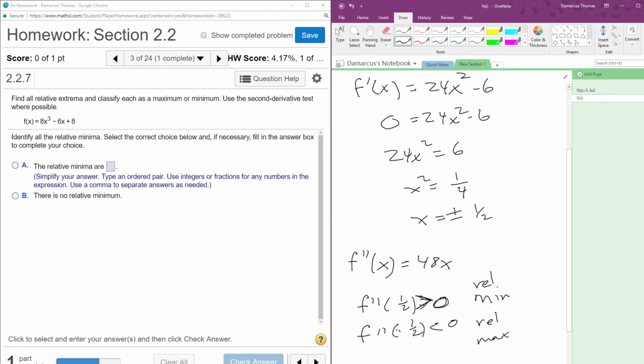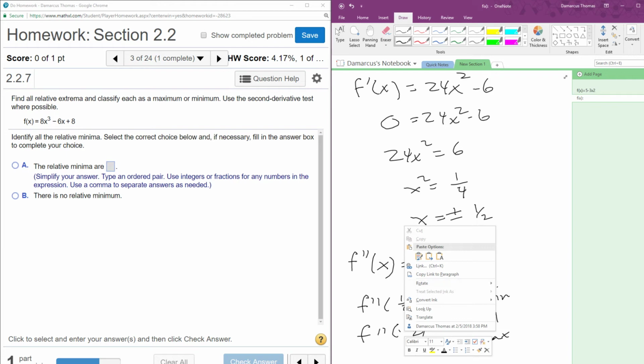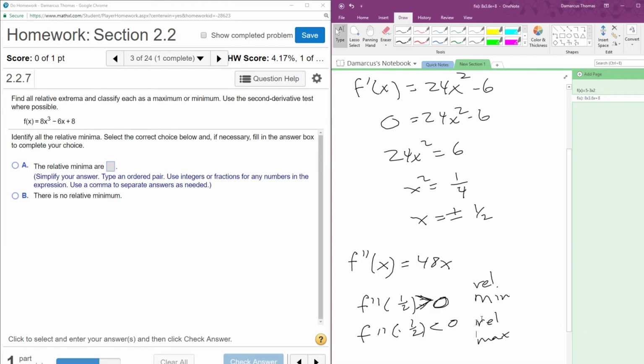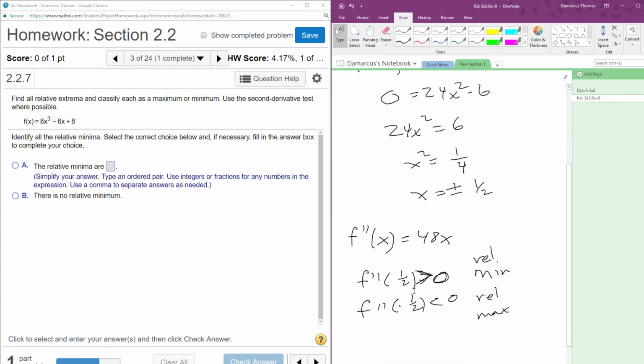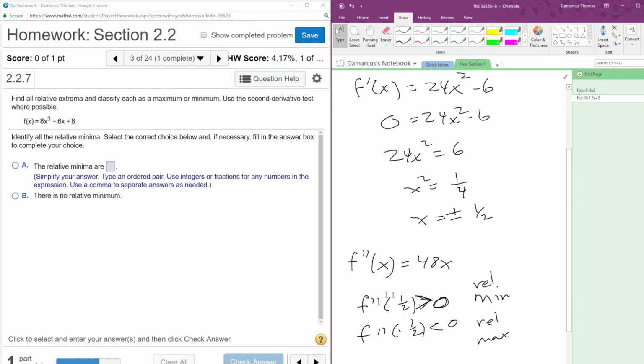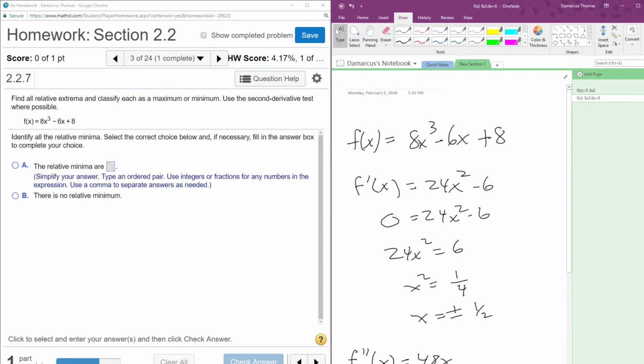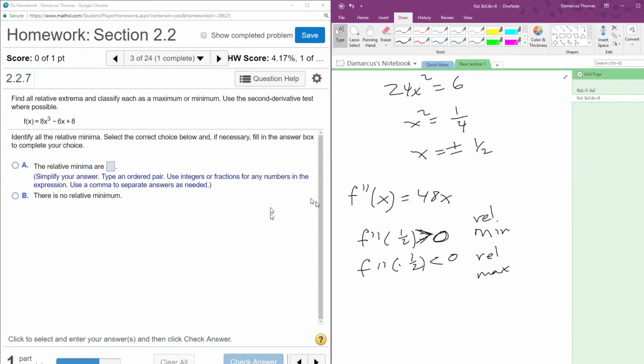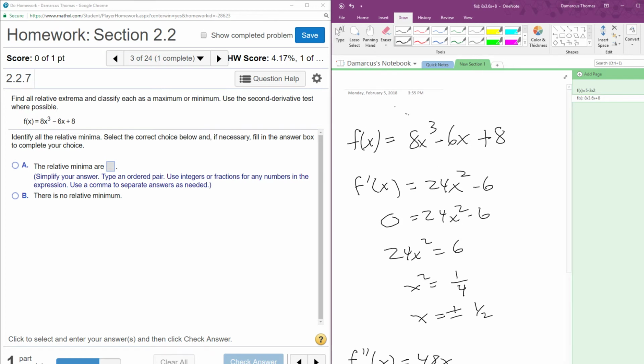Now the question is, what are the actual coordinates of the relative min and the relative max? Where exactly are they? In order to answer that question, I have to plug 1/2 into the original function. Now when you cube 1/2, you're getting 1/8. Let's actually work that out. I'm plugging in positive 1/2 first.